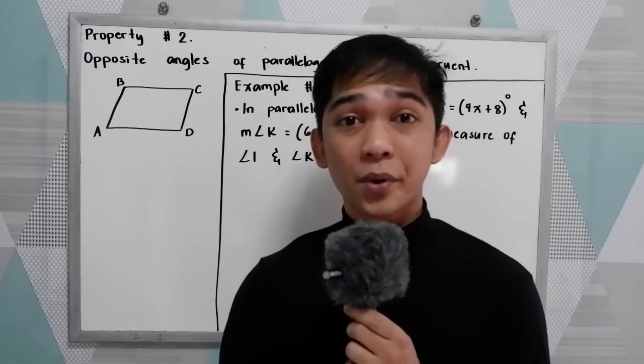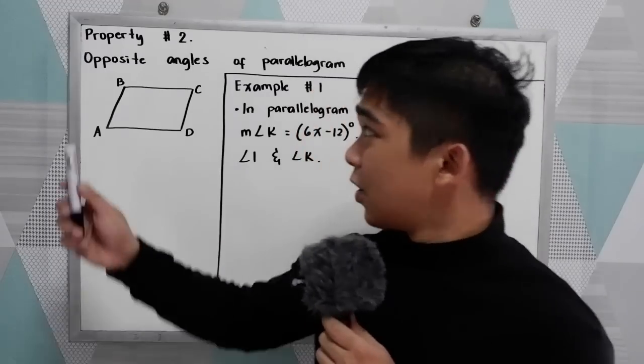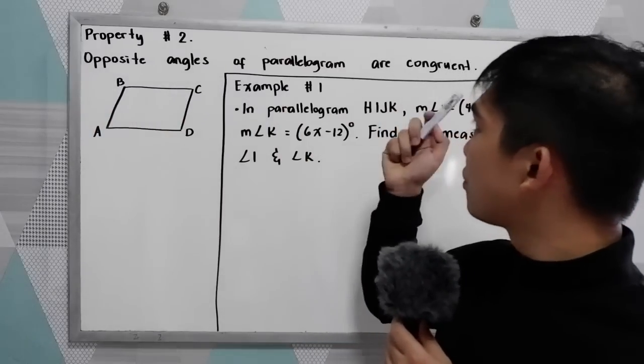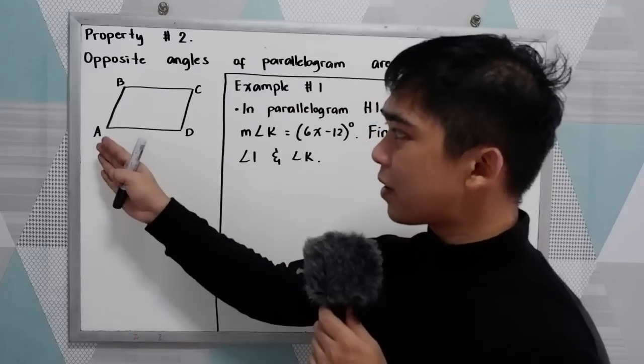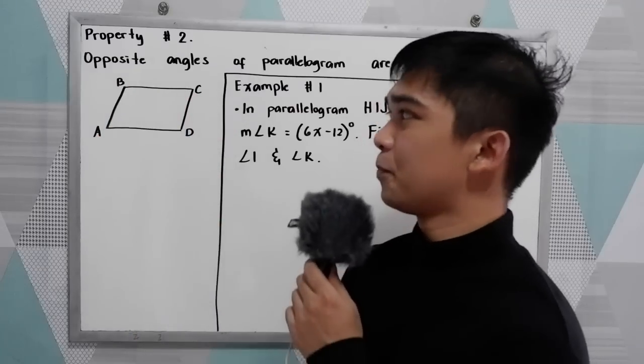Now let's have our property number 2. Opposite angles of a parallelogram are congruent. So to illustrate, let us use this parallelogram ABCD.